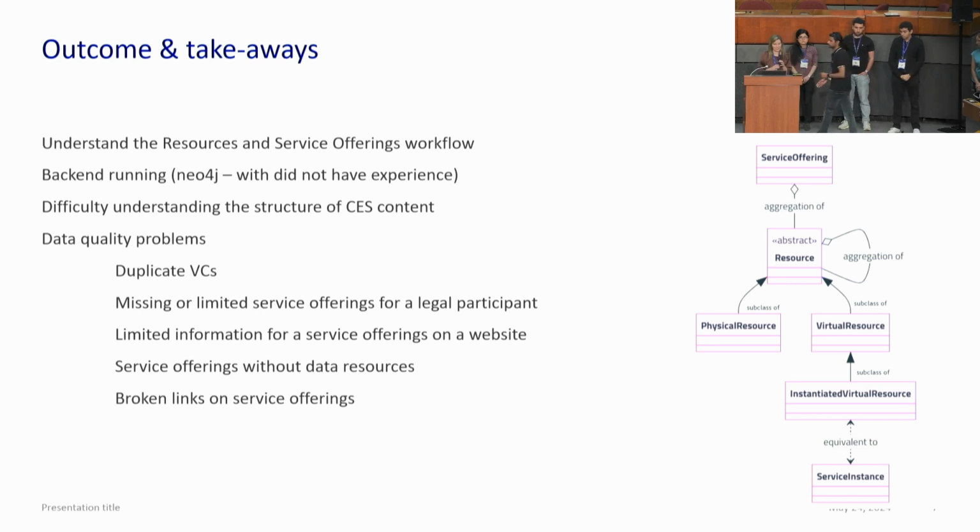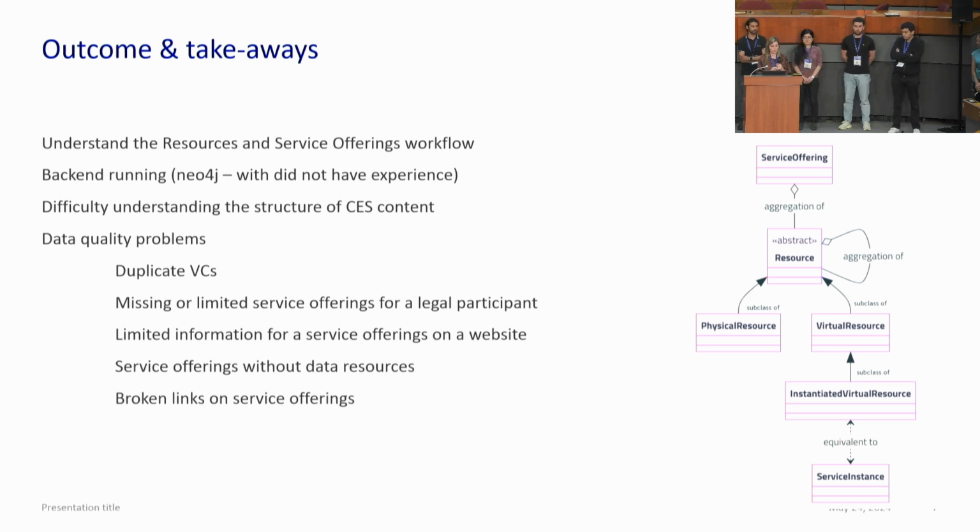Okay, so takeaways. We understand the CES content and the service offerings a little better. We had some trouble running the backend, but it's now working. The main issue for us was data quality problems.